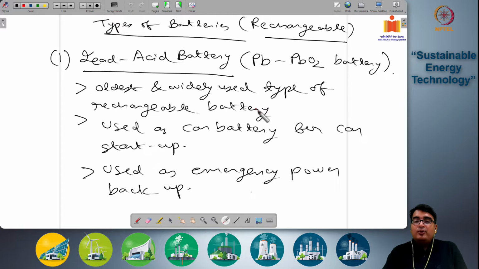It is also used for emergency power backup. So for example, battery based UPS, battery based inverters, etc. traditionally and even today use lead acid based battery packs.